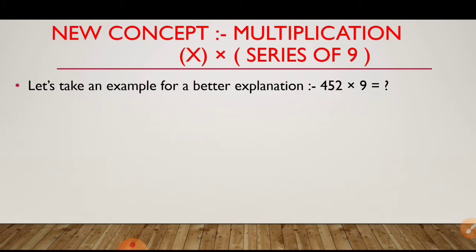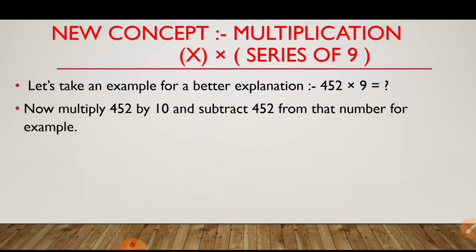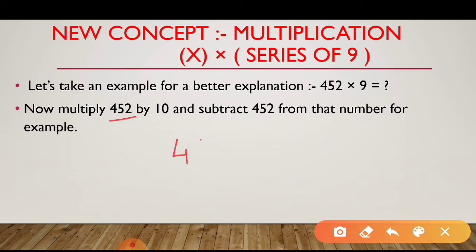So the new concept is multiplication of a number by a series of 9s. Let's take an example for a better explanation: 452 into 9. Multiply 452 by 10 and subtract 452 from that number. In this question, 452 multiplied by 10 gives one more 0, so 4520.